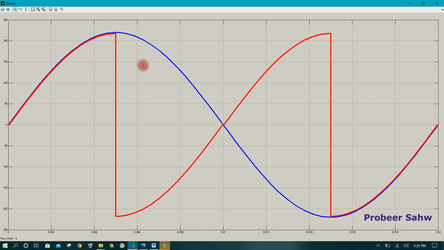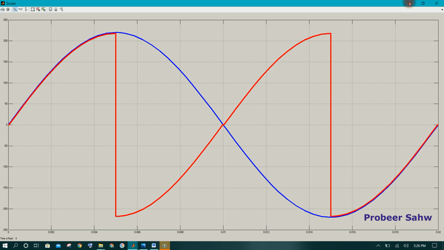As we can see, this blue line was the input, which is one cycle, and this red is the output, which is one cycle and two cycles. So we have obtained output for the cycle converter.